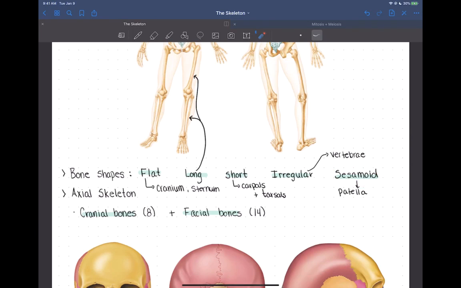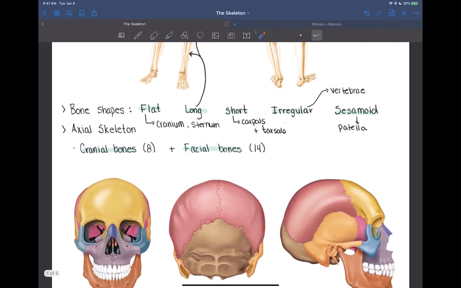And then your notes also mention a wormian bone. So these are extra bones that develop in the sutures, right, of the skull. So we'll talk about that with the skull. These bones are joined together, all right, by sutures. So you can actually see here, right? Sometimes you can get little bones that form in those sutures when that bone is ossifying.